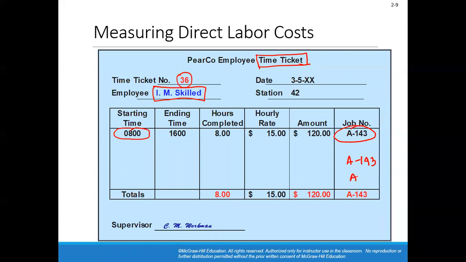In a particular day, he works from 8 a.m. to 16, I mean 8 to 16 o'clock. During this time he completed these 8 hours at a rate of $15, for this amount, 120.